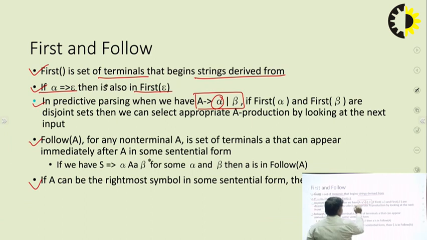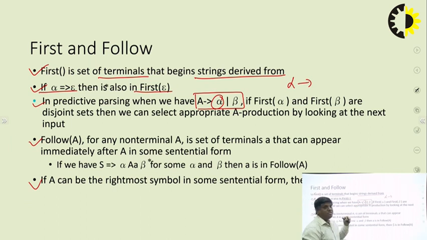Suppose we have two production rules: A tends to alpha, A tends to beta. If alpha is a terminal, then alpha is the first of this production rule.